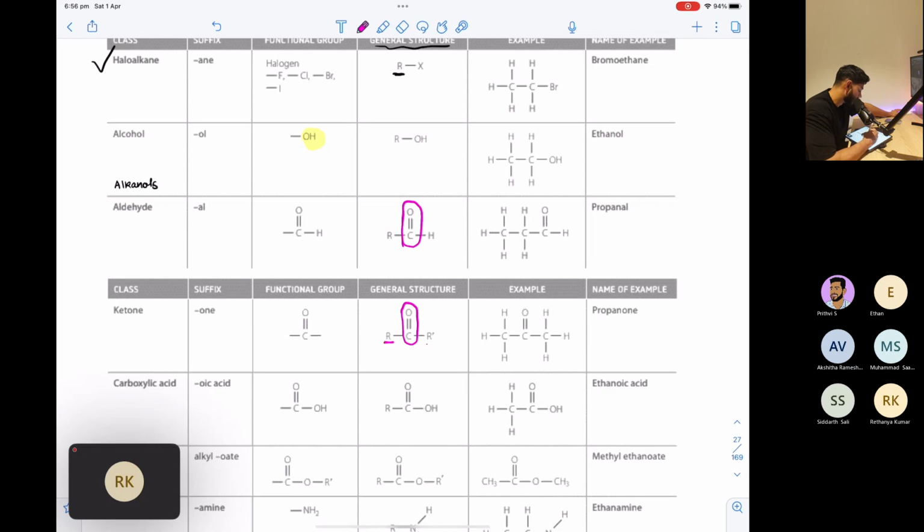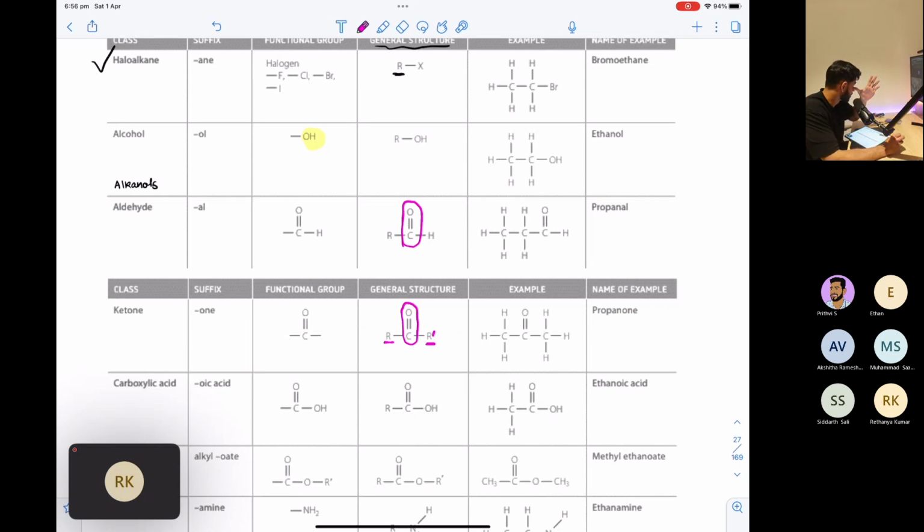You can see there's an R and an R dash. The R dash is to show you this is another continuing chain of carbons and hydrogens to the left and to the right. Whereas here you can appreciate for an aldehyde at the top, there is only a hydrogen at the right, meaning this is the last carbon of the molecule. Okay. Good.